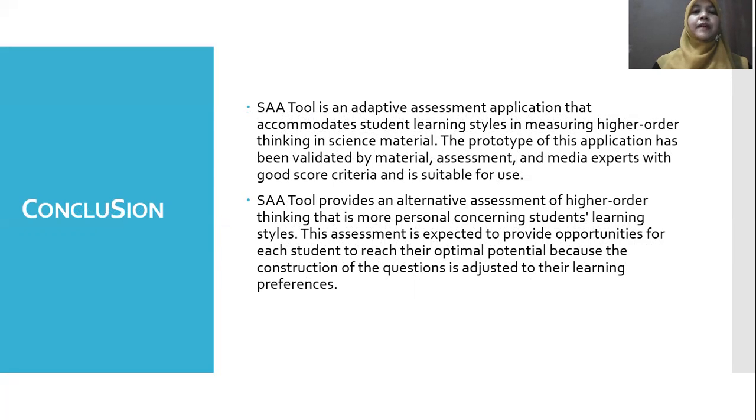The SAA tool provides an alternative assessment of higher order thinking that is more personal concerning student learning style. This assessment is expected to provide opportunity for each student to reach their optimal potential because the construction of the questions is adjusted to their learning preferences.